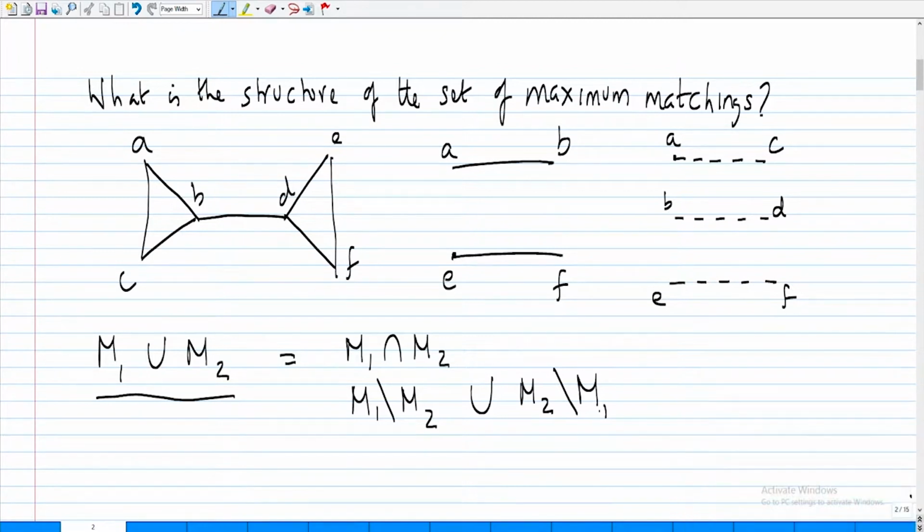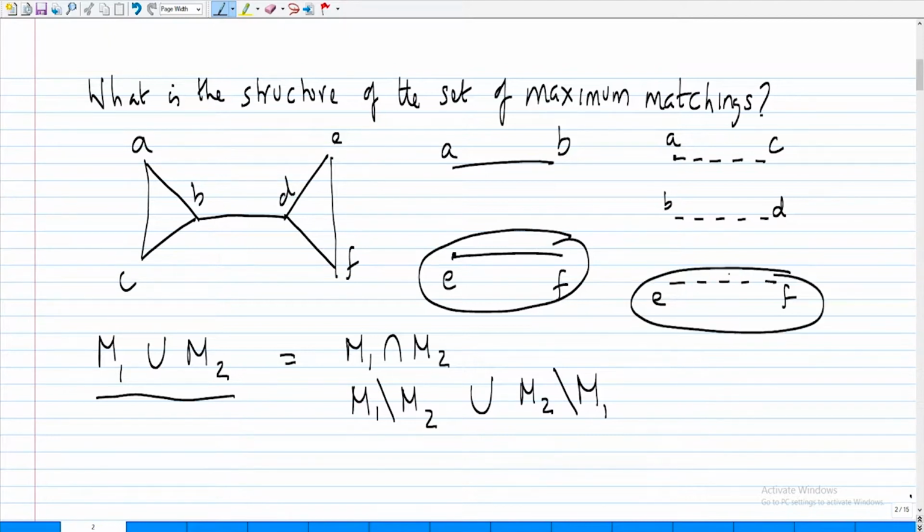Fine, okay. So let us write down the ones which are common. Let's put an oval around them. These two are common. And let's look at the symmetric difference, and draw the graph which is formed by the edges in the symmetric difference. So this is AB, there is AC, and there is BD.